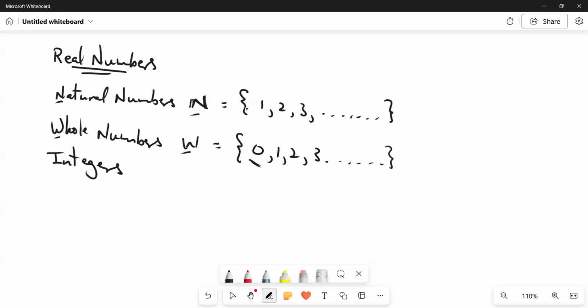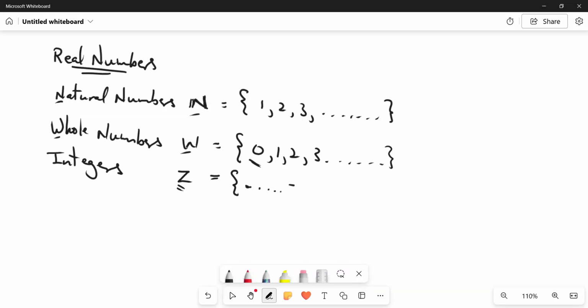You might want to say, oh, the symbol is I, but no. The symbol is Z. And with a little bit of research, you'll see that this Z comes from the name Zahlen, Z-A-H-L-E-N. I think it's a German term for integers. You can research it.